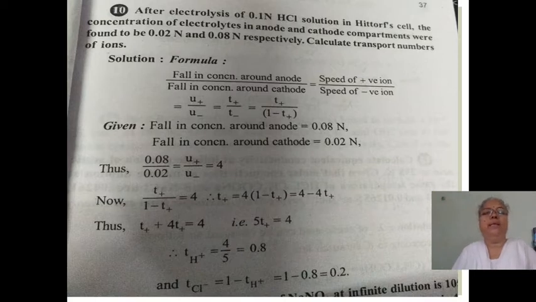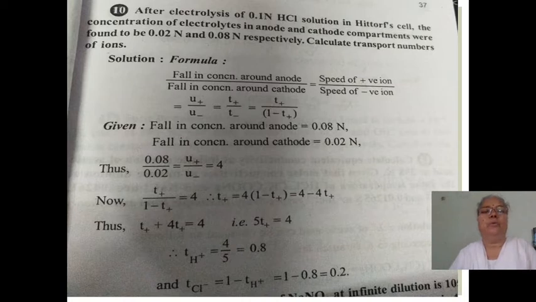And in this chapter, you have learned what is electrolytic conductance, what are conductors, then equivalent conductance, molar conductance, specific conductance, how they vary with concentration, or variation of conductance at infinite dilution.